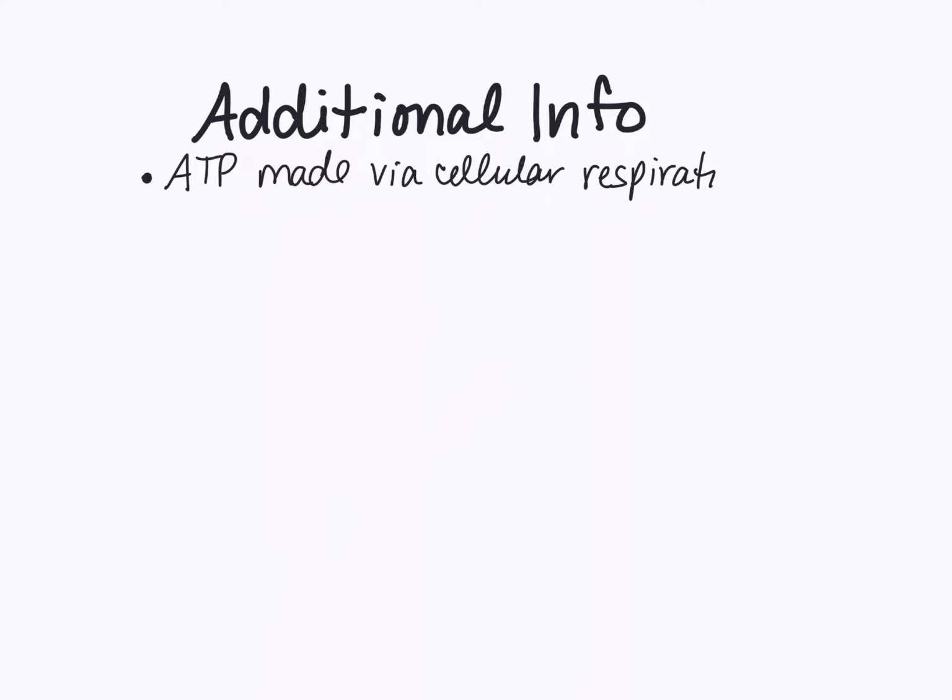In a different video, we'll talk a little bit more about how ATP is made through a process known as cellular respiration. And it's important to note that most cells don't really store much ATP.